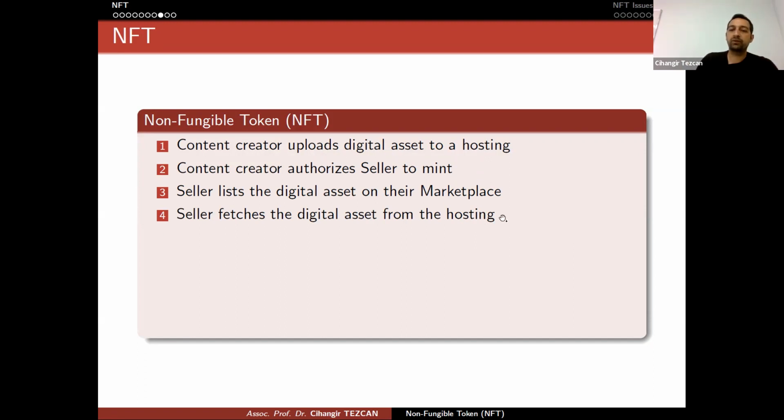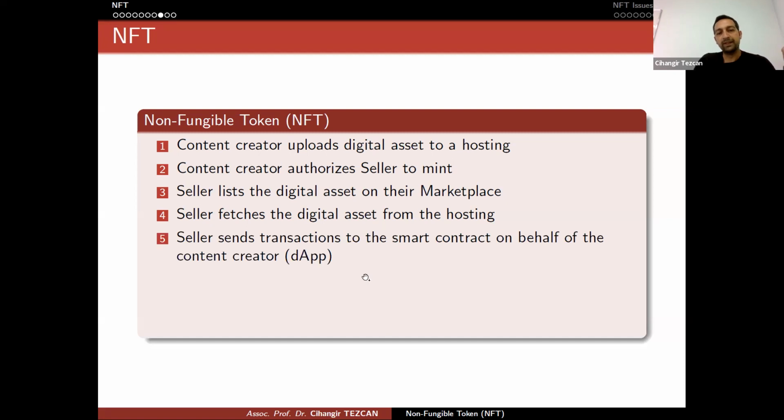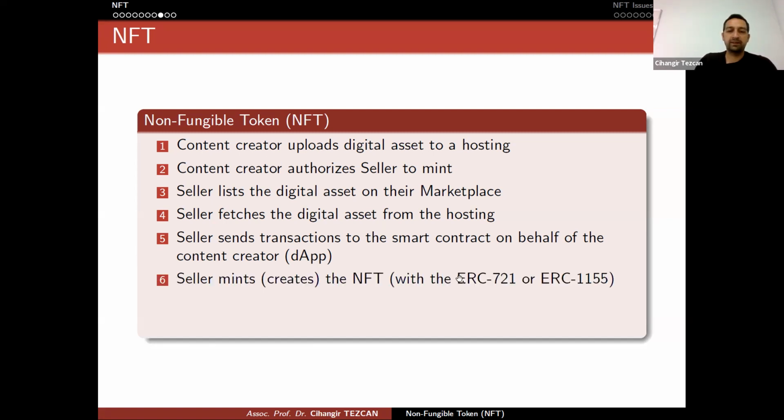Actually, here they should check if this image was really created by the creator and if it is authentic and so on, but they do none of these checks. The seller sends transactions to the smart contract on behalf of the content creator. So this is where we have a decentralized app. The seller mints, in other words, creates the NFT, most probably using ERC721.